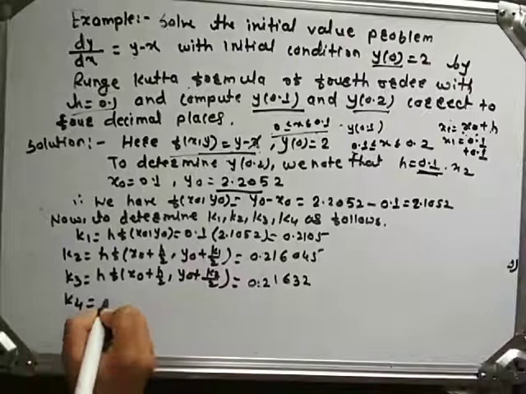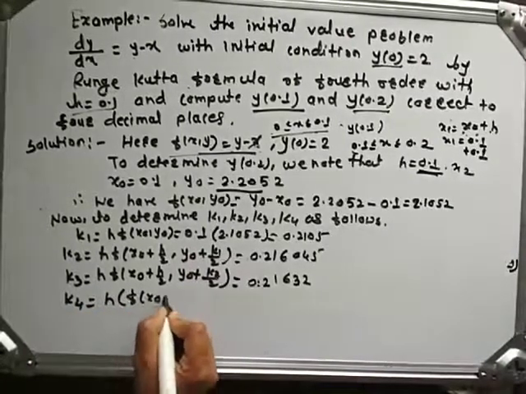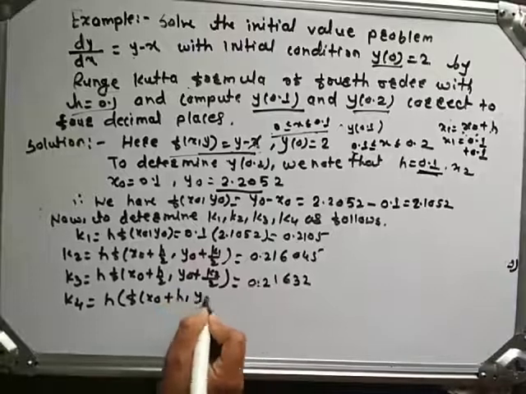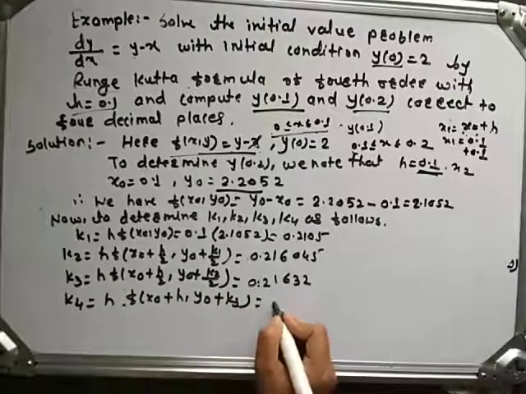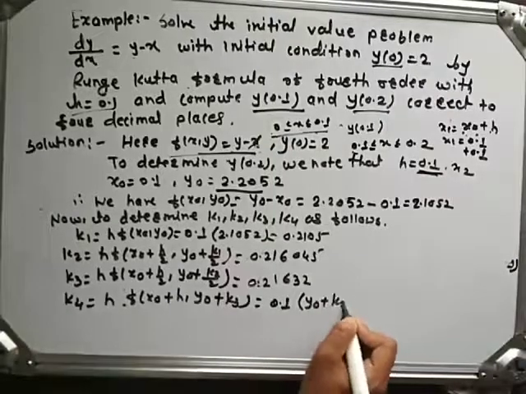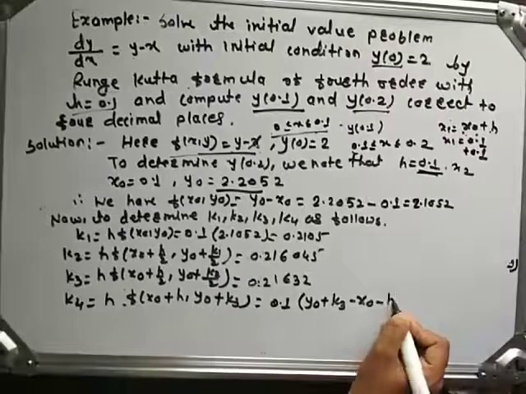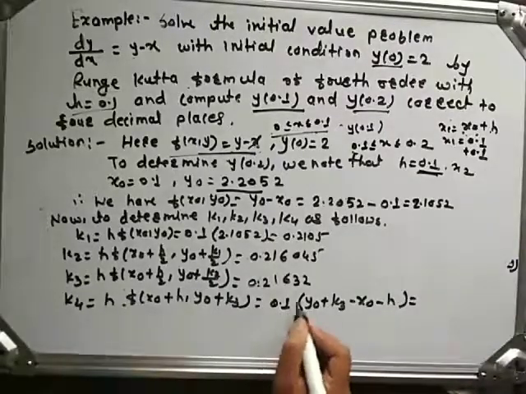Now find out k4. K4 is equal to h into f of x0 plus h comma y0 plus k3. This is equal to 0.1 into y0 plus k3 minus x0 minus h. Now put all the values.